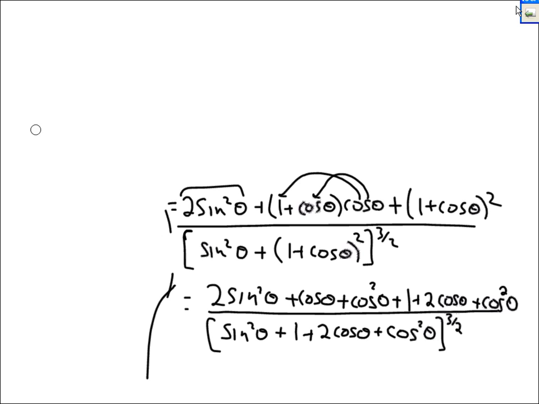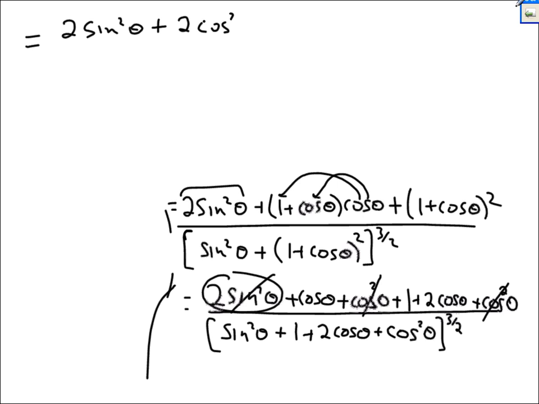Let's continue on top. Equals, I have 2 sine squared theta plus cosine squared theta plus another cosine squared theta, better known as 2 cosine squared theta, plus 2 cosine theta plus another cosine theta, plus 3 cosine theta, plus 1.